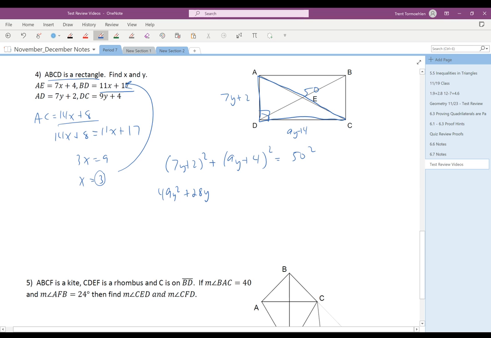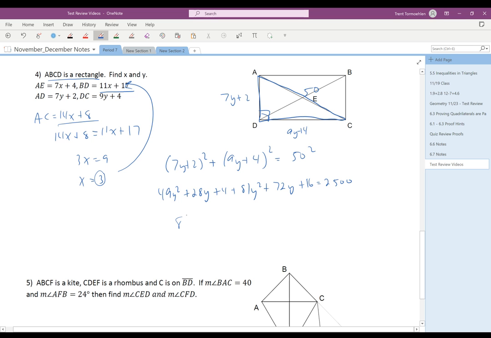So 2 times the product of the two things, 28y, plus 4. And then 81y squared plus 72y, 36y times 2, plus 16 equals 2,500.